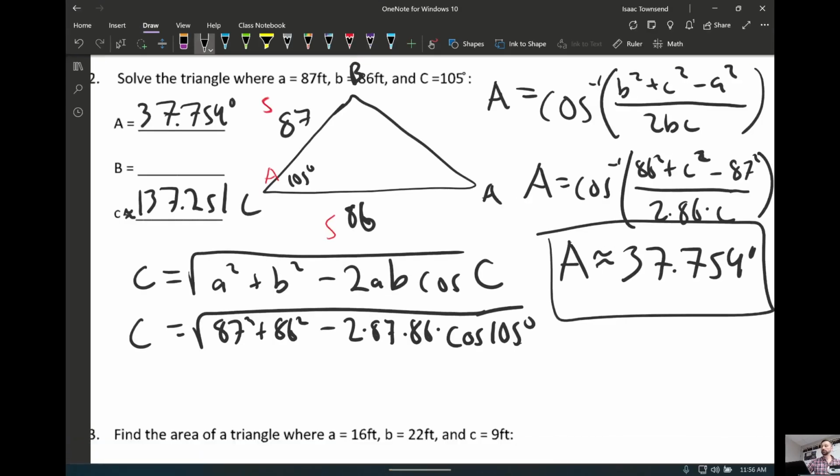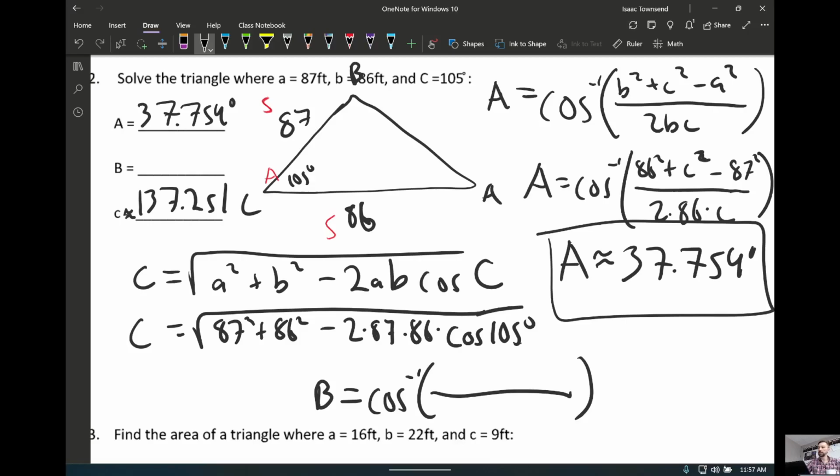Okay, and then to finish this one up, I need one more angle, angle B. So if I look up the formula on the top of the front page, it's going to say cosine of B equals, which means B is the inverse cosine of... I'm just going to go ahead and put the numbers.